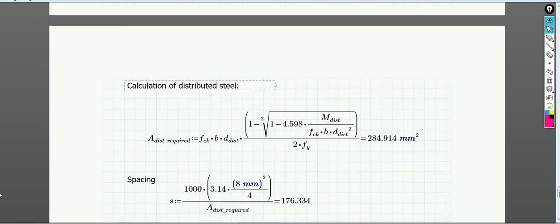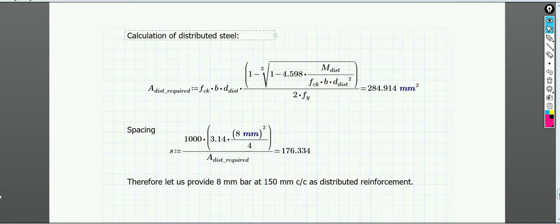And for that we can calculate the area of steel, which comes to 284.914 mm square. And if we find the spacing, then we get 176. So let us provide 8 mm bar with a spacing of 150 center to center as distribution reinforcement.